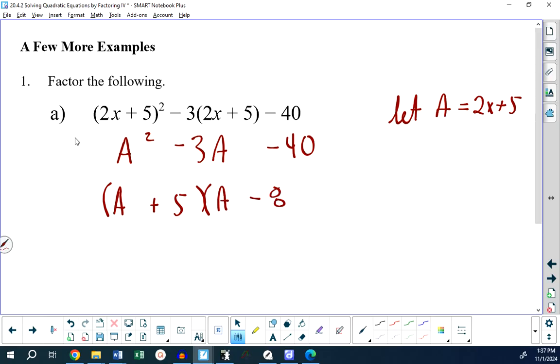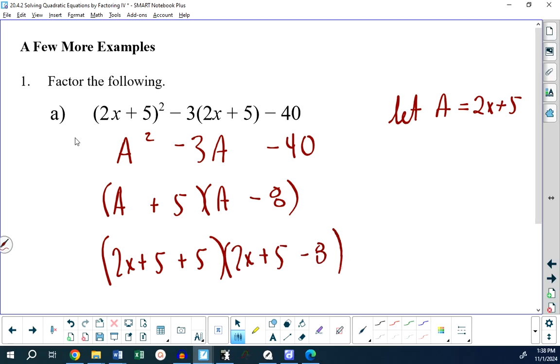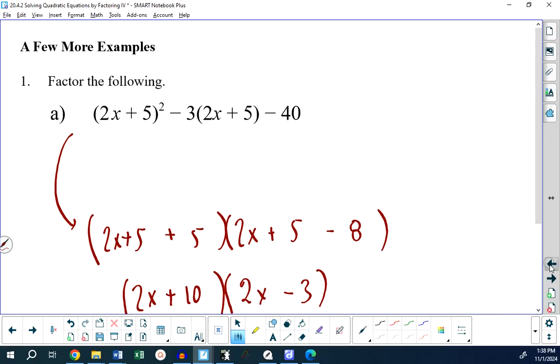Correct? But then you snap back to reality and you say, wait a minute, the question didn't have a. I replaced 2x plus 5 with a, so let me put that 2x plus 5 back in there. And you're going to get 2x plus 5 plus the 5 and 2x plus 5 minus the 8, which is where we landed here, right?